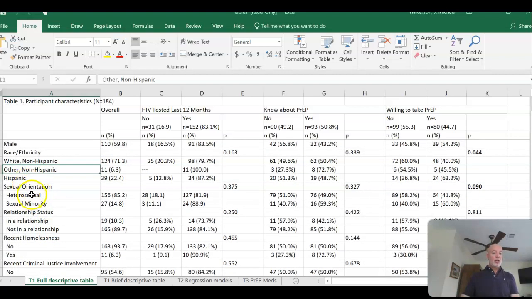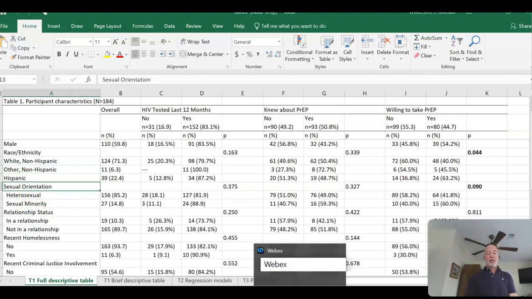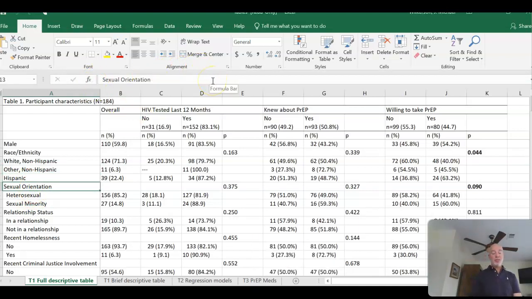Sexual orientation can be done in different ways. Depending on your analysis, most of the time, our analysis focuses on heterosexual versus sexual minority. Within that sexual minority group, though, we sometimes will break it out.